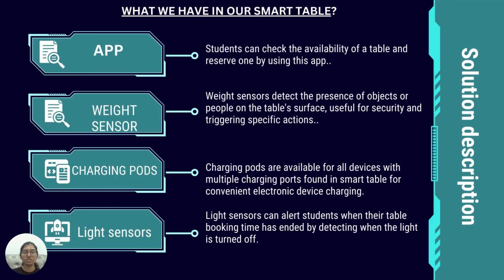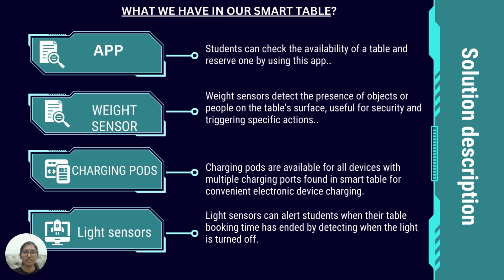So this is the solution description we have come up with for the problem. In our smart table, we have an app, weight sensor, charging ports, and light sensors. With the app, students are able to check the availability of tables and reserve one. The weight sensors can detect the presence of objects or people on the table surface, useful for security and triggering specific actions.